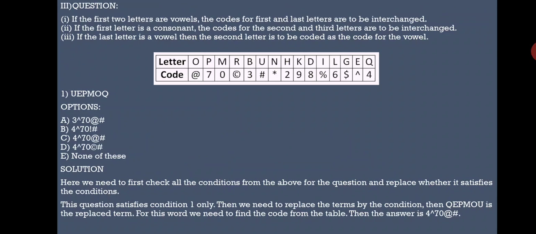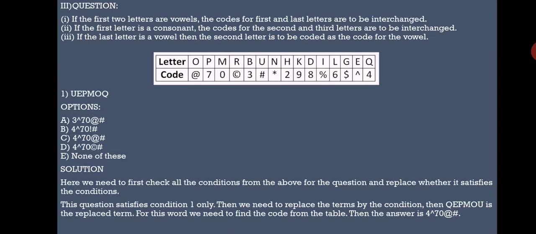The options are given. We need to check all the conditions from the above for the questions and see whether it satisfies the condition. So in the term U, E, P, M, O, Q, the first 2 letters are vowels, right? So the first condition is satisfied. Whatever we need to change means the codes for the first and last letters are to be interchanged.